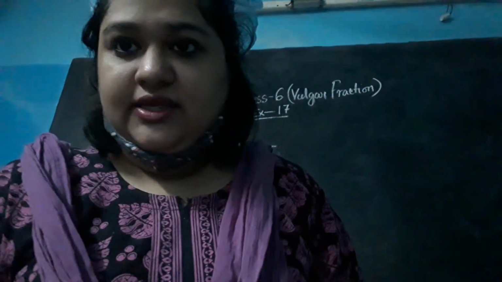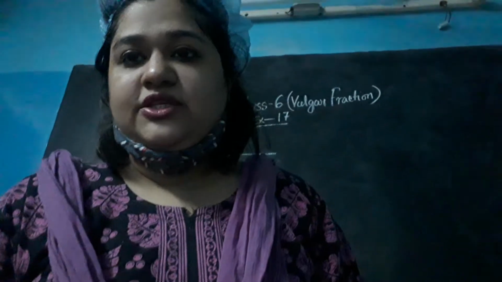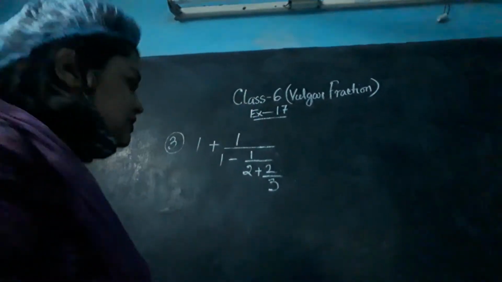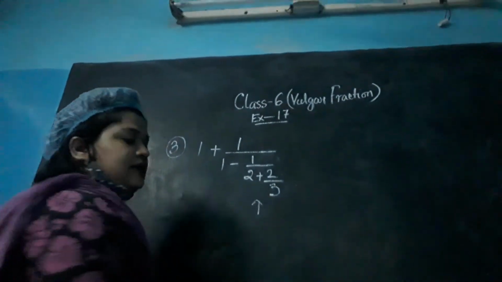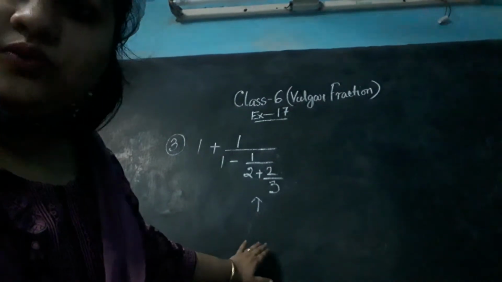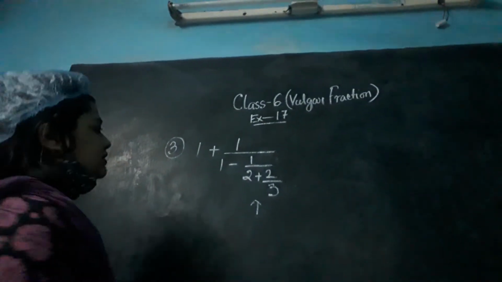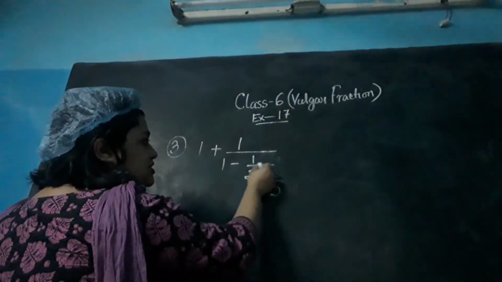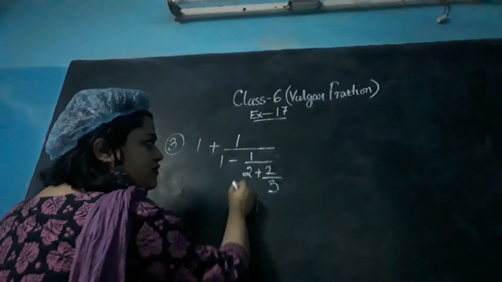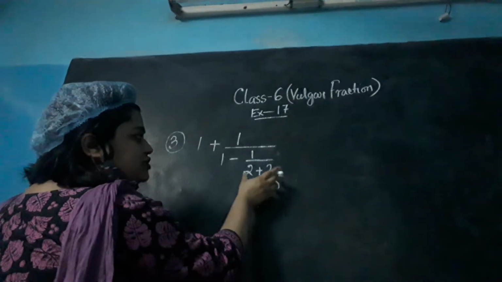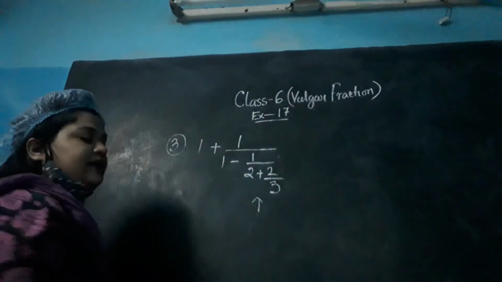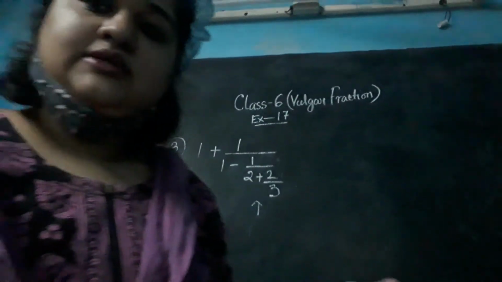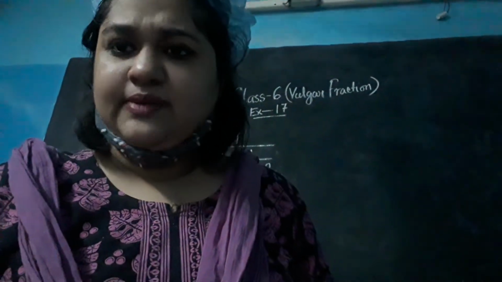For solving these types of sums, we start from the down portion. We start solving from the down. That means what you have is 2 plus 2 by 3. This part you know how to solve, and slowly we will simplify such a big sum into a very simple answer.